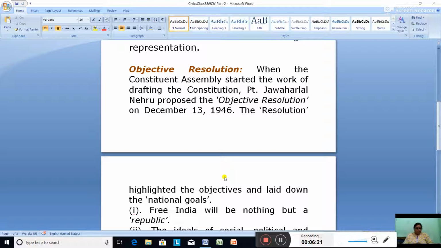The next topic we have is Dr. Ambedkar's contribution to the Indian Constitution. We know that Dr. B.R. Ambedkar, popularly known as Baba Sahib, was the architect of the Constitution of India.